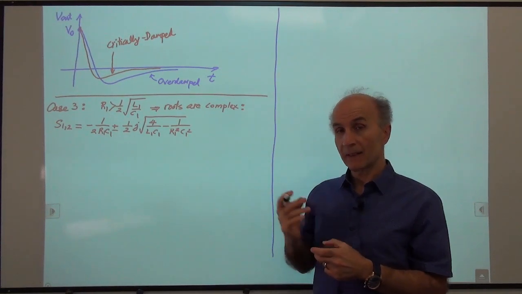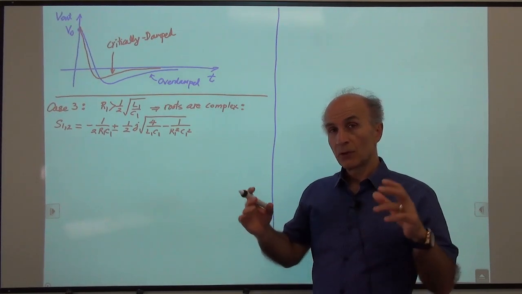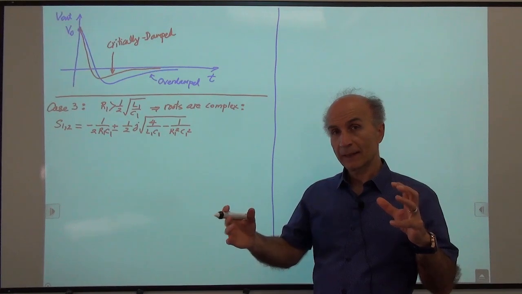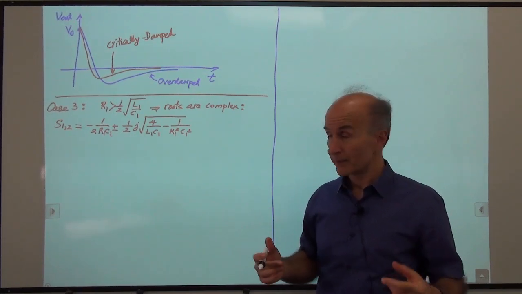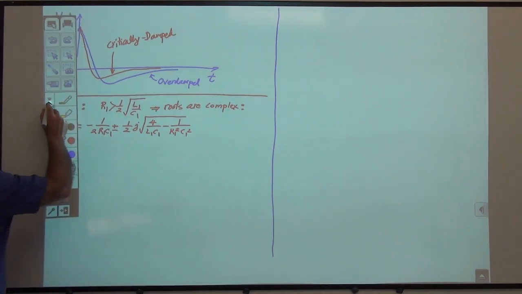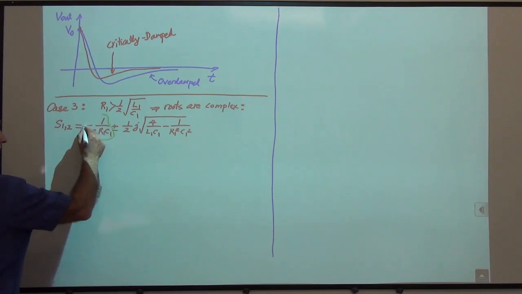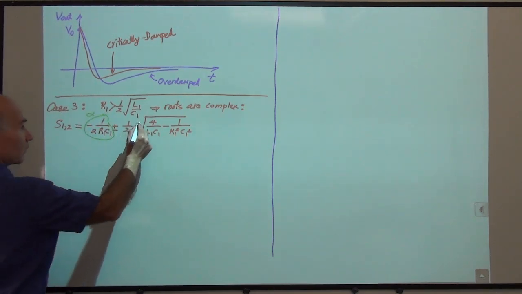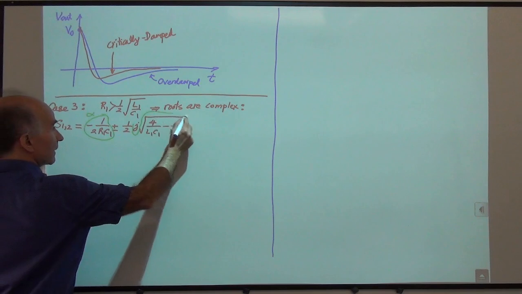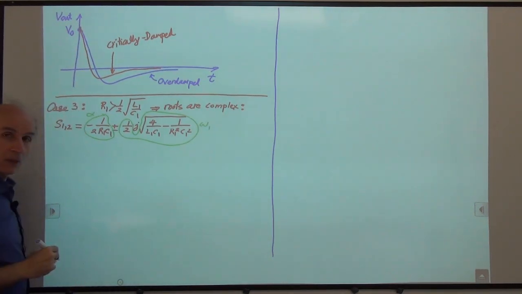All right, and we said that in this case, the response is of the form of a cosine and a sine that have these decaying exponentials. So we said, let's call this value here alpha, and we call this value here omega 1. Okay?